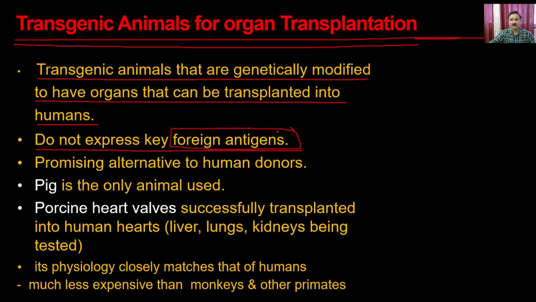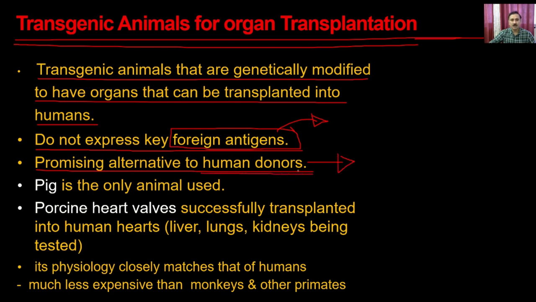You know that when you go for transplantation, you have to go with MHC typing and MHC matching, because MHC recognizes the antigens, and there is an ultimate requirement that the MHC of the two individuals should match so that they do not cross react. But that could be avoided if the particular organ does not express the foreign antigens.